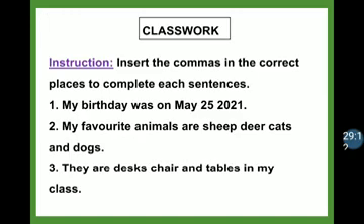It's now time for your class activity, and there are several easy sentences that you will have to complete. The instruction says, insert the correct comma in the correct place to complete each sentence. 1. My birthday was on May 25, 2021. 2.